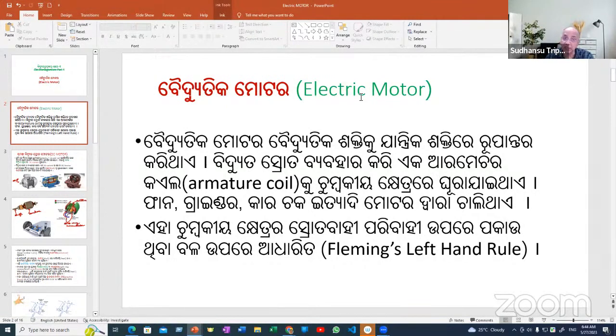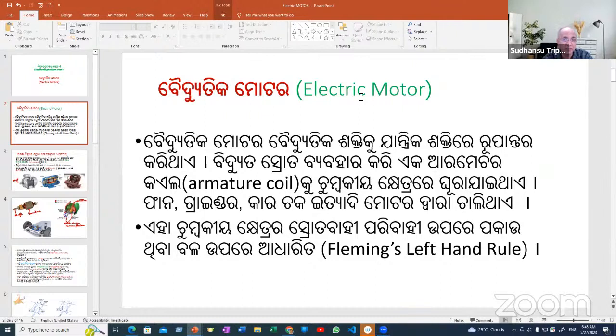Of course, we'll see later, maybe in the next program, that we can convert the AC that we really get from the generator. When we study EMI, we will know that our real source in a hydroelectric power plant, a thermal power plant or a nuclear power plant is not DC, it is AC.